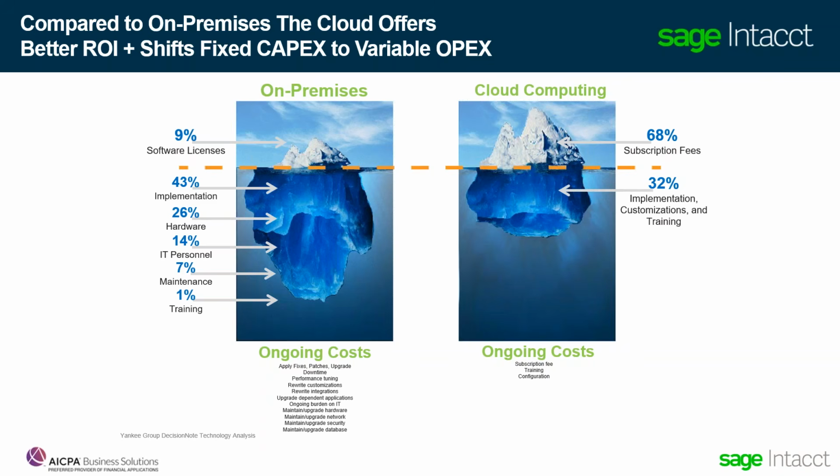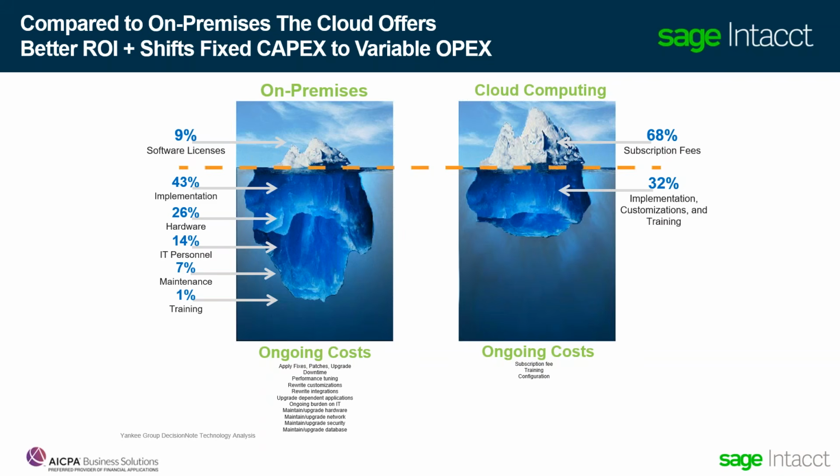Now, as you look at the ongoing costs, you see that there's quite a difference in the list there. So yes, you're still going to have that ongoing cost of the subscriptions, and you may have some additional training or education that you apply as you go along. You may decide that you want to add another application to your subscription, which requires some implementation and some education.